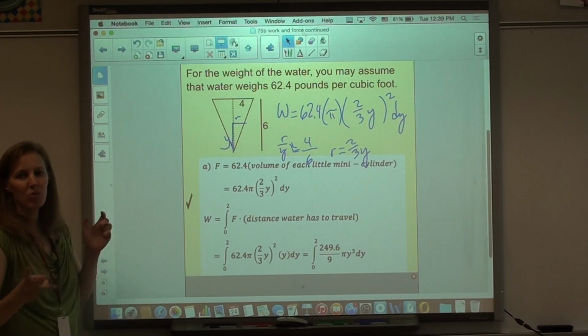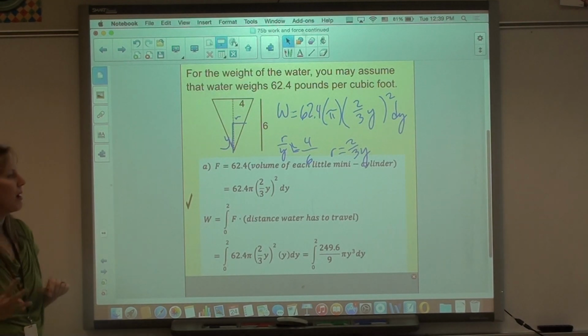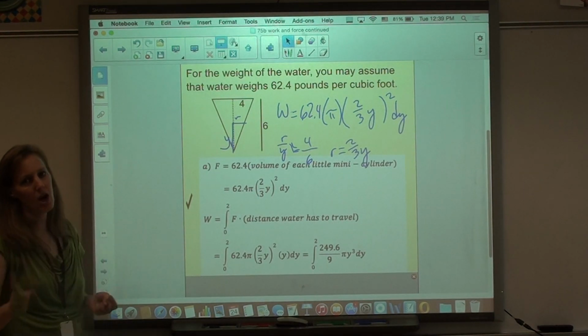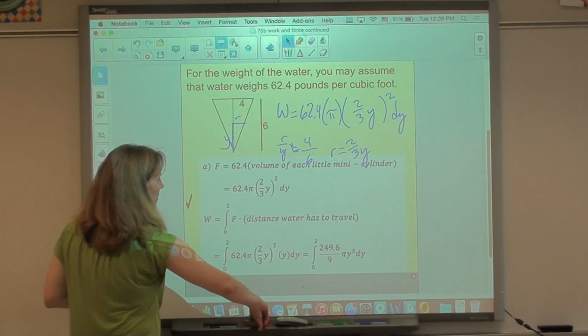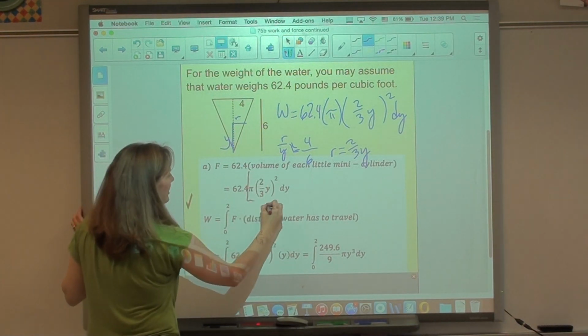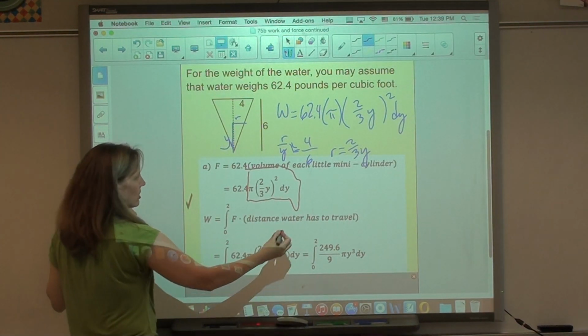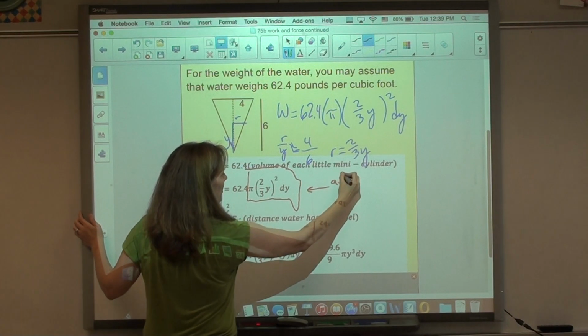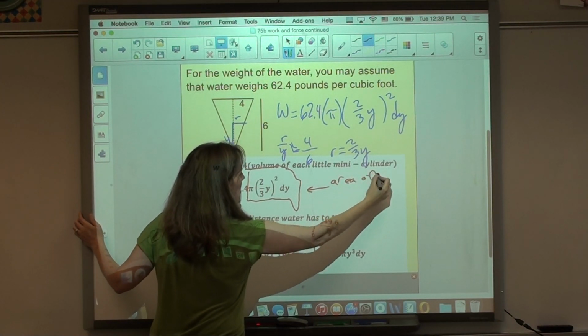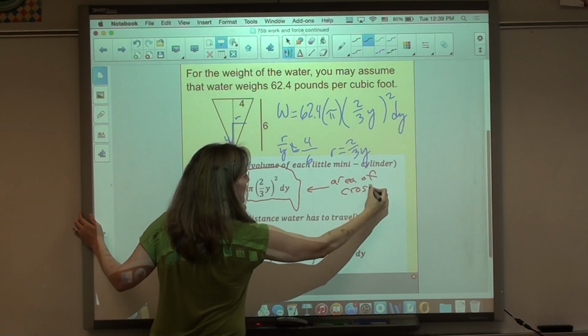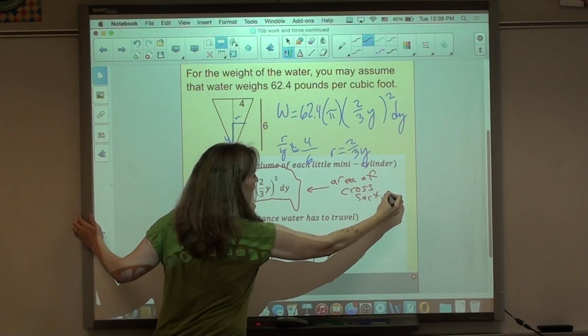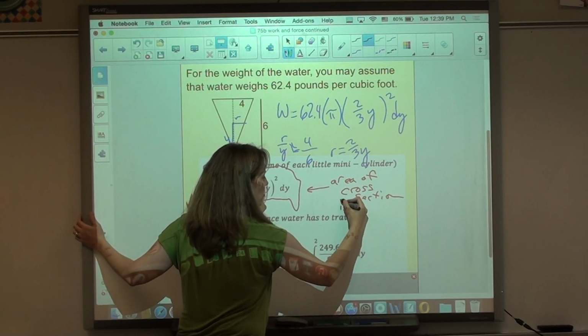So there are three parts you have to deal with for these problems. The first part, and this is the hardest part, is finding the area of the cross section, and it has to be in terms of y.